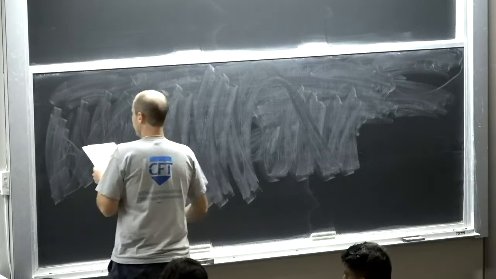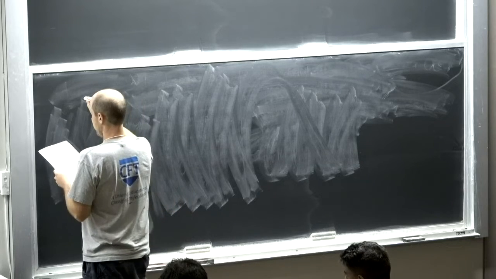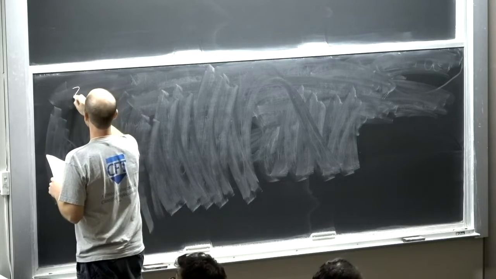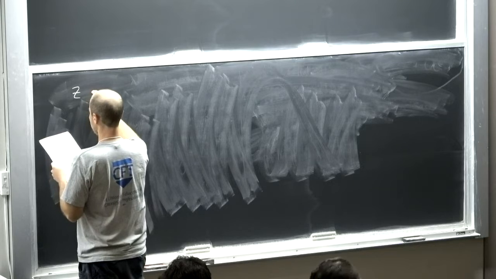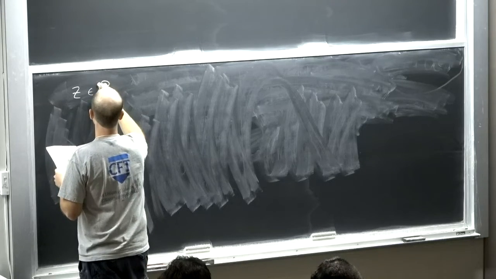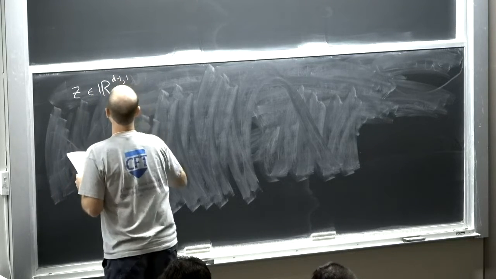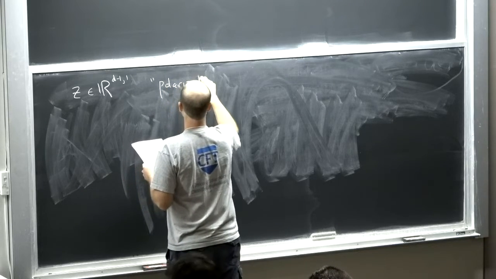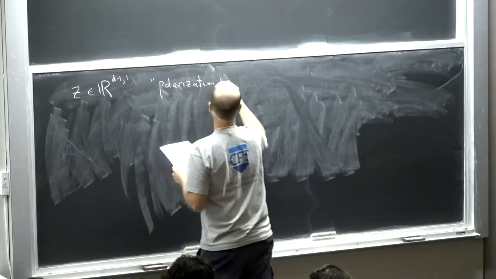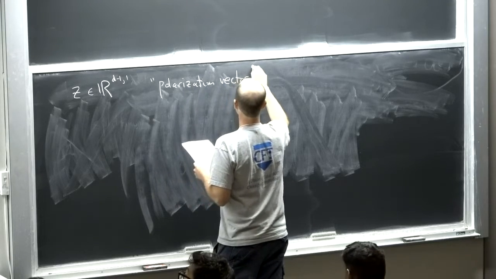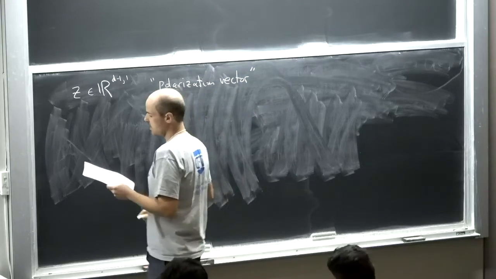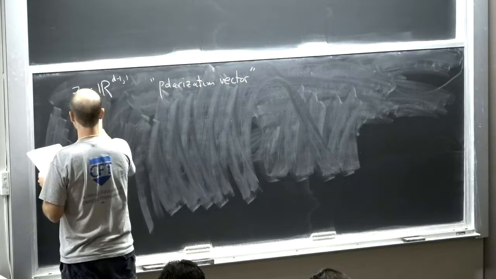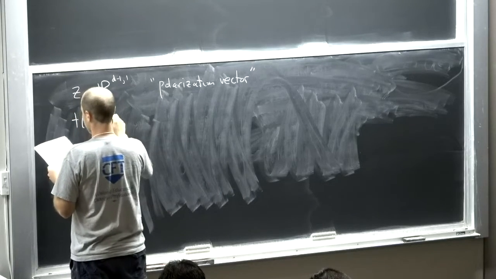Okay, so the idea of index-free notation is to introduce an auxiliary polarization vector z. This is sometimes called a polarization vector. And build a polynomial by contracting all of the indices of t with this polarization vector.